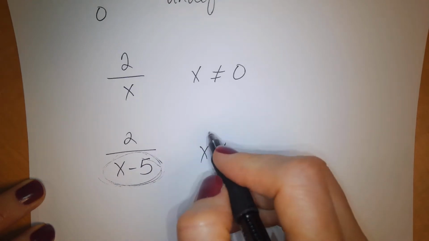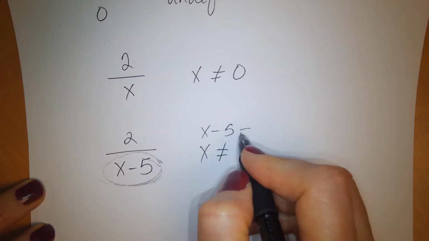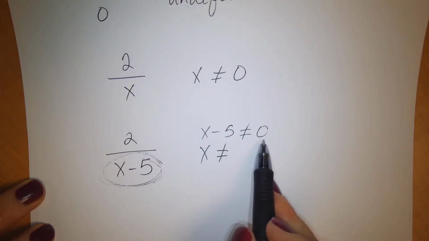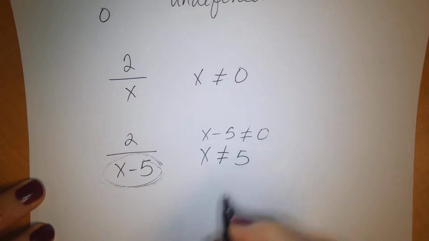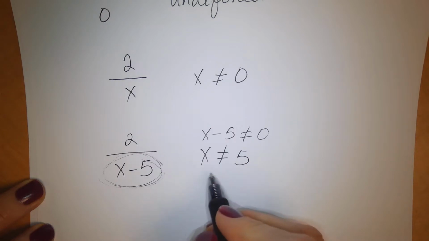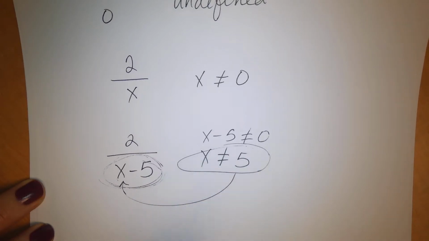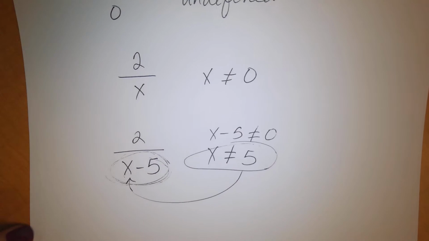So in this case, x minus 5 cannot be 0, and if I add 5 to both sides, that means x cannot be 5. Obviously, if I take 5 and plug it in here, that's going to make the denominator 0. So my domain would be x cannot equal 5. So again, anything that makes the denominator 0 would be excluded from the domain.